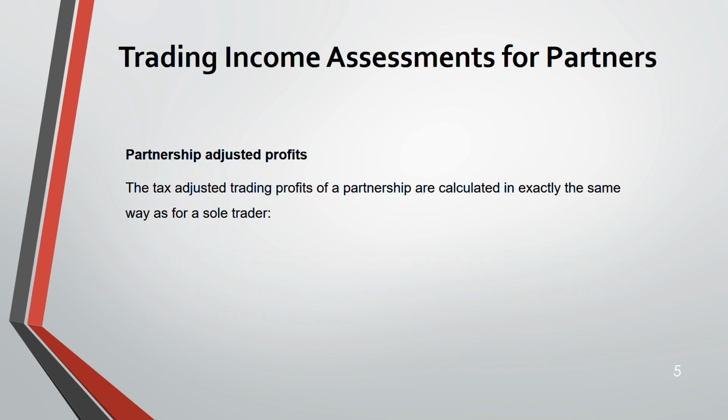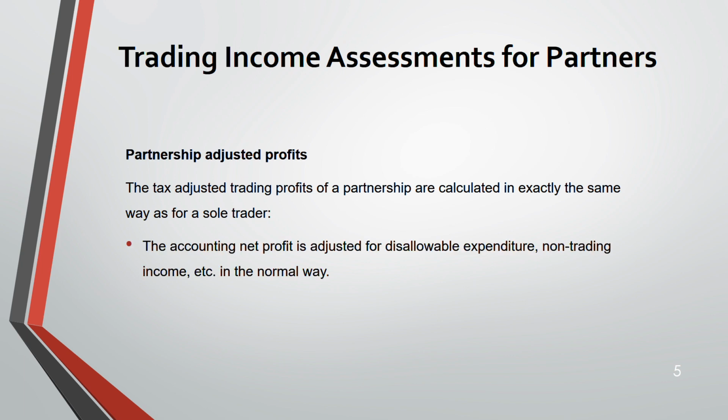Now, partnership adjusted profit. This is exactly the same as for a sole trader, the tax adjusted trading profit. Okay, so the accounting net profit is adjusted for disallowable expenditure, non-trading income, etc. in the normal way. What is this disallowable expenditure? What is this non-trading income? I have covered that in lecture 3. Very well. So please do go and watch my lecture 3, because there I have started the types of income for a sole trader.